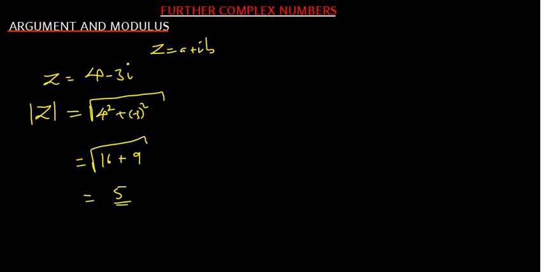Now say you've got a complex number z which is equal to negative 4i. If you've got a complex number like this, that means it doesn't have any real part. It is along the imaginary axis. It's going to be somewhere there if that is negative 4. It doesn't have a real part.